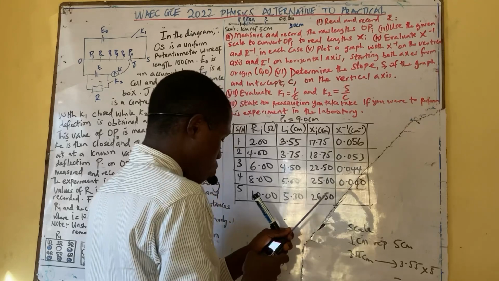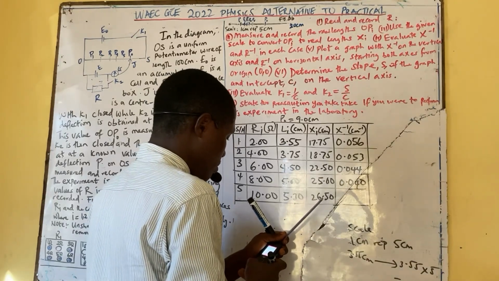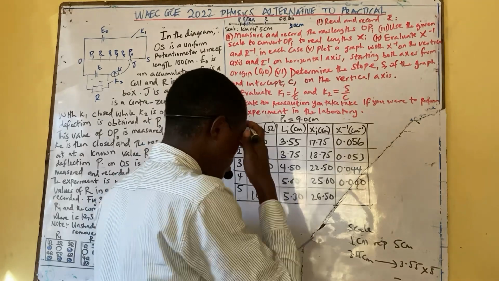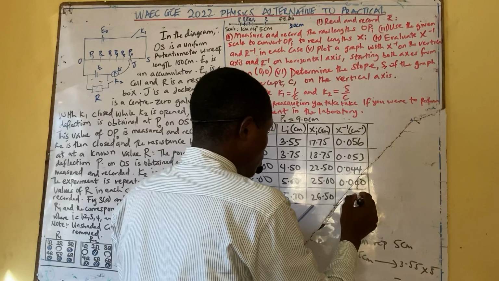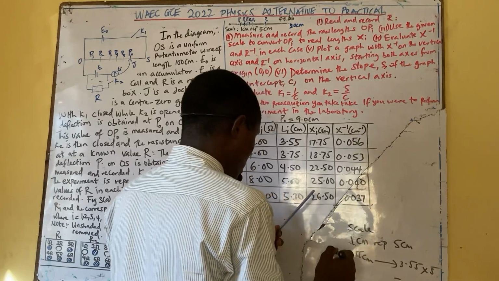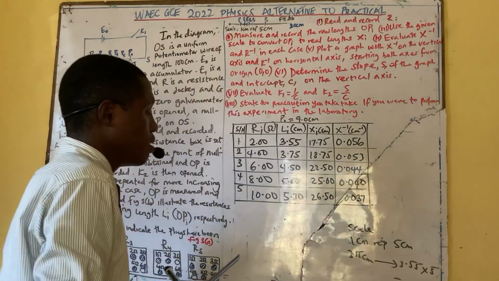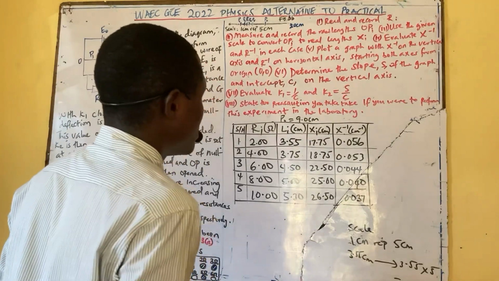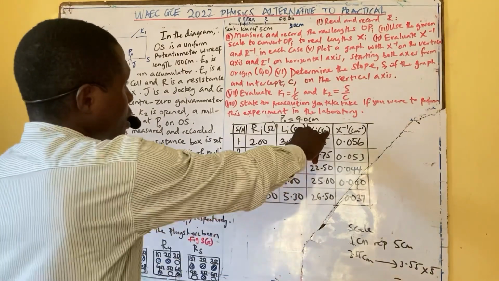The last one is 1 divided by 26.50, which is 0.037. So that's that to 3 decimal places. Now with this, we have successfully gotten our S inverse.